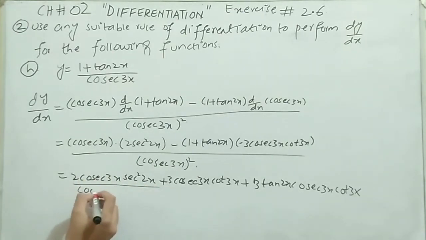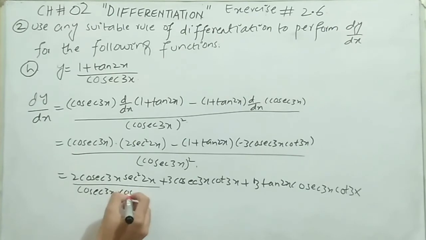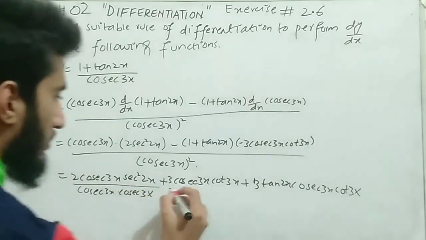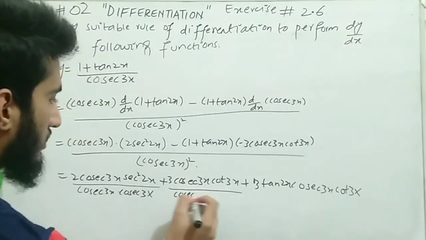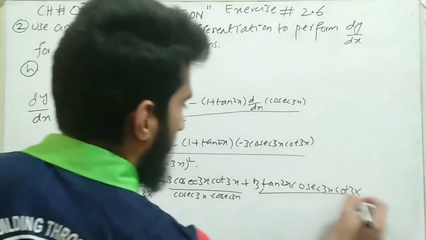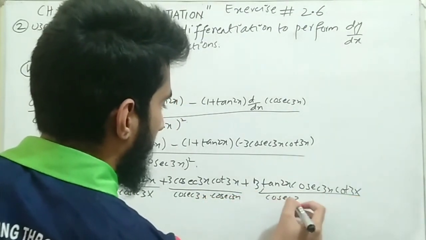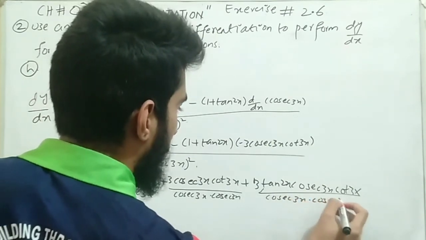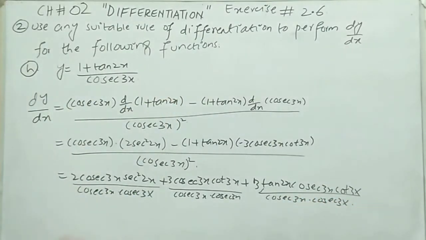So we can write it as cosecant 3x dot cosecant 3x in the denominator. We also divide each term by cosecant 3x. Over here this cosecant 3x is cancelled out with this cosecant 3x.